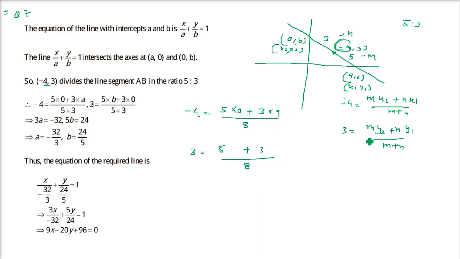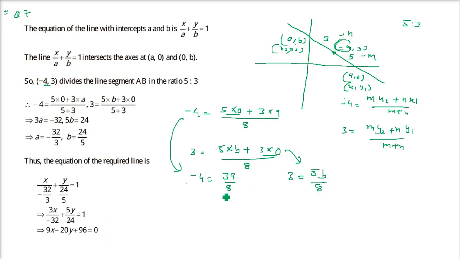Here y2 is b and y1 is 0. Now what are we going to get? First we'll do this one. Minus 4 equals 5 into 0 is 0, you have 3a by 8. Now second one, you have 3 equals 5b plus 0, by 8.